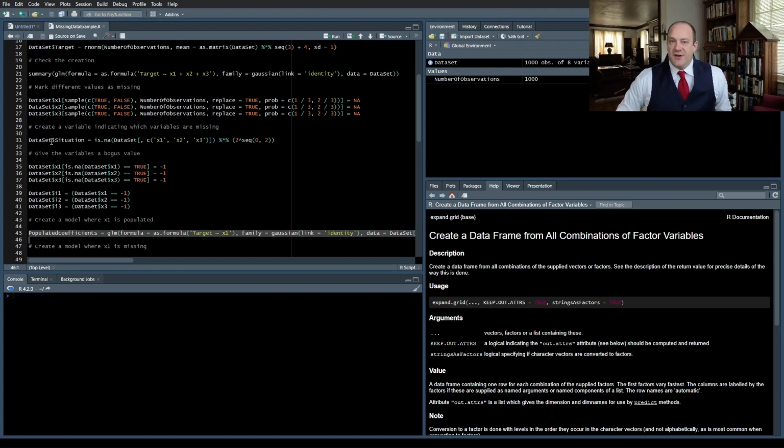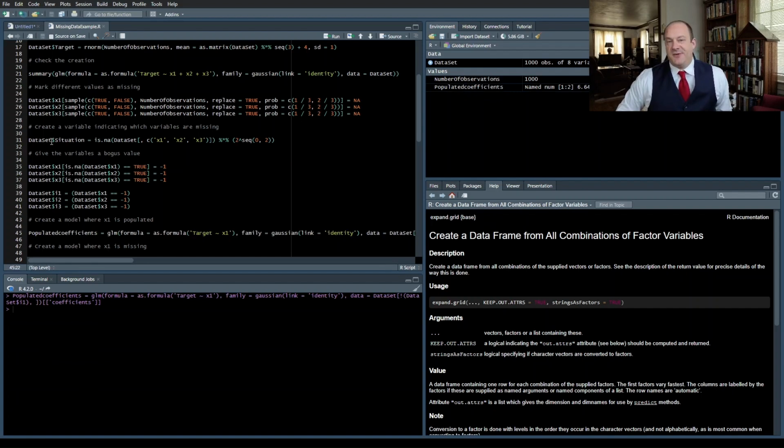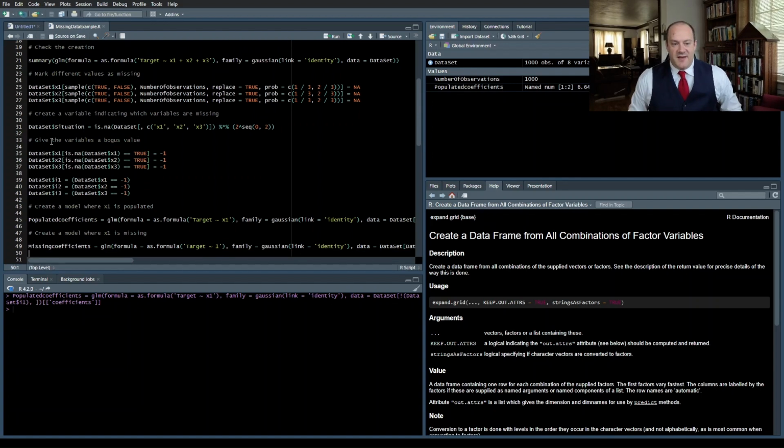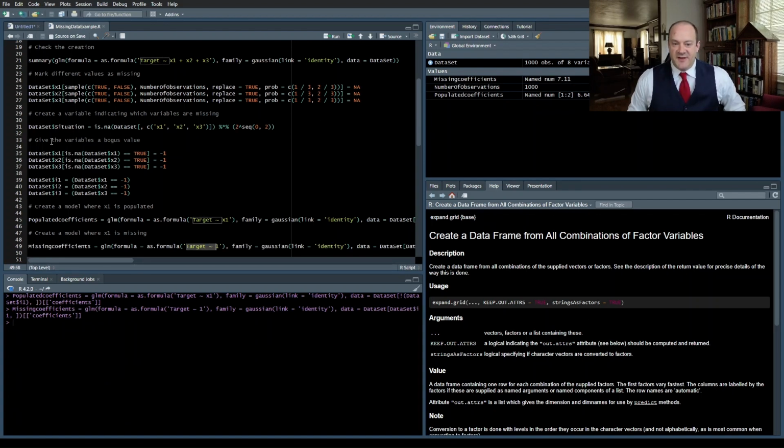And so here we build a model. It's called populated coefficients. Why is that? Well, it's because in the data set that we feed into the model, that's precisely where the indicator that it's missing is off. That is to say that the variable is populated. And so now here we'll build an intercept model, and you can tell it's an intercept model because it's just regressing against 1, regressing against the intercept column.